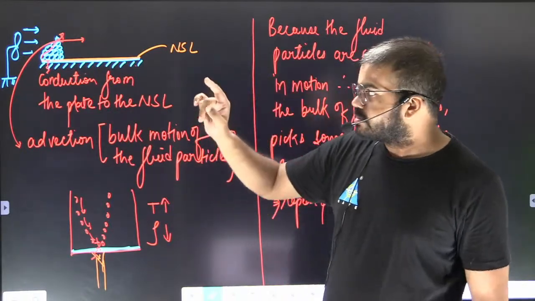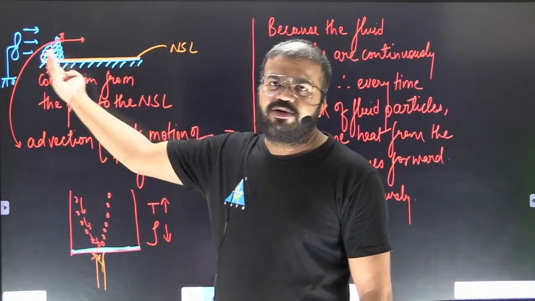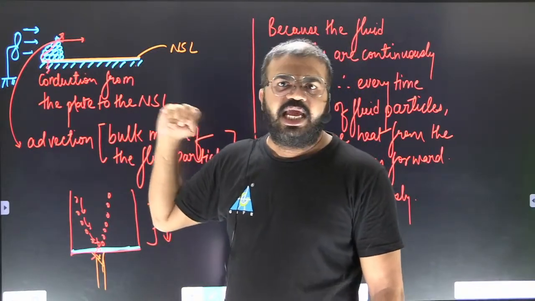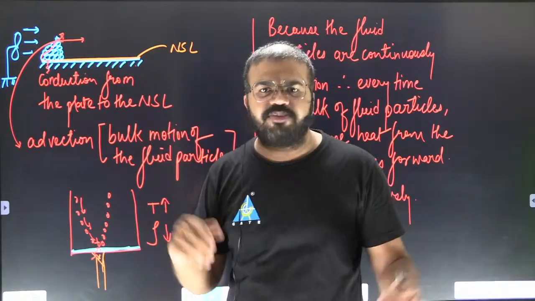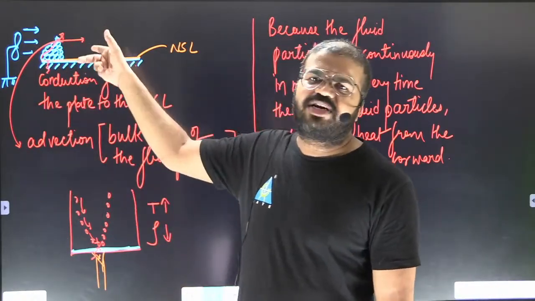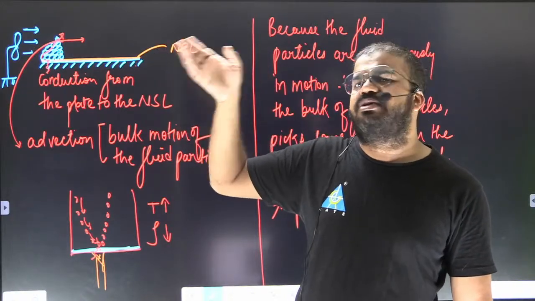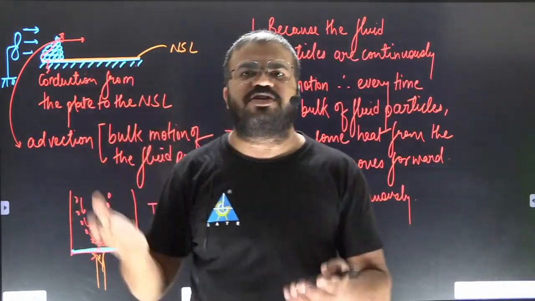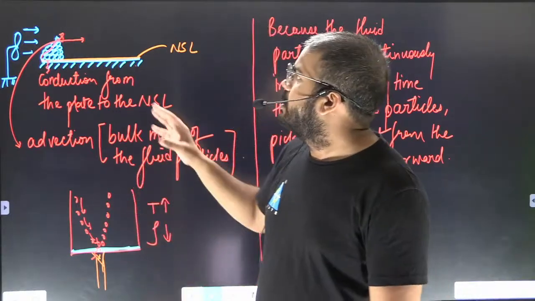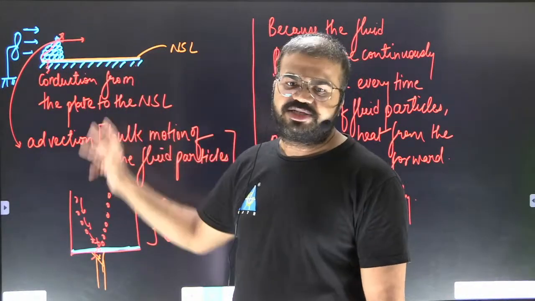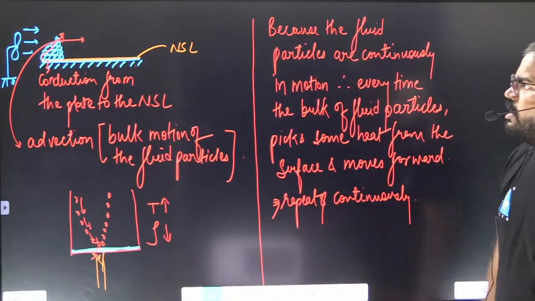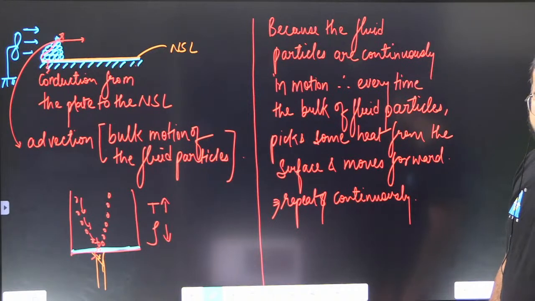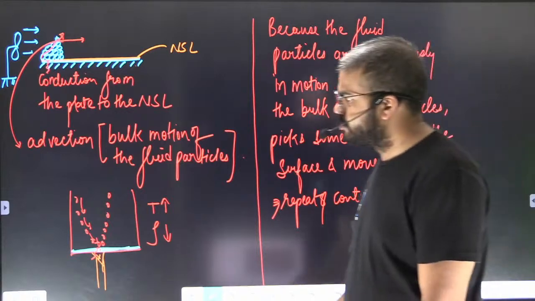Yes or no? If I remove this, there will be no external flow of the air particles, and if there is no flow, there is no advection, so it will be only conduction in a stationary medium. Natural convection will take place. That's a separate mechanism, but it is not that effective as in the case of forced convection. Got it, everybody? So this is your convection. Okay? Understood? No doubt in this?